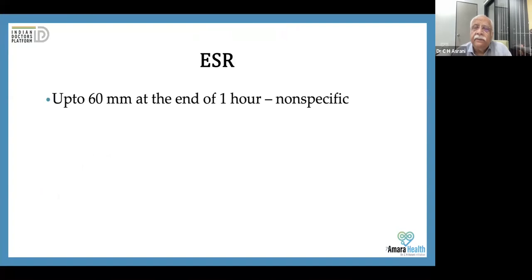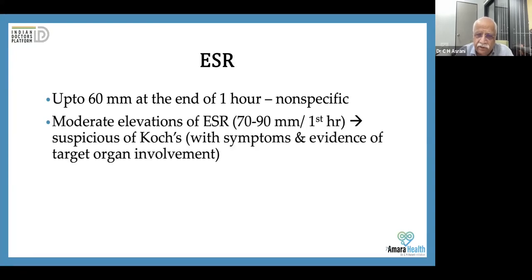Up to 60 millimeter at the end of 1 hour. It's not called per hour. At the end of 1 hour is generally non-specific. Moderate elevation of ESR, 70 to 90 at the end of 1 hour, is suspicious of TB. Suspicious only. Please underline indicator only. You cannot start TB treatment for a patient with cough and high ESR.